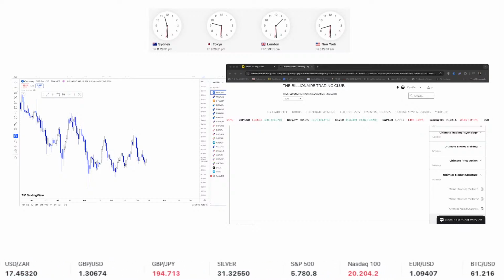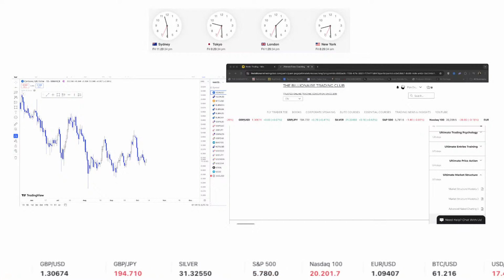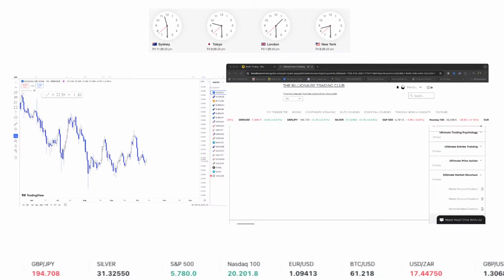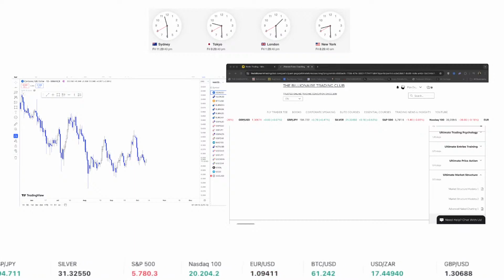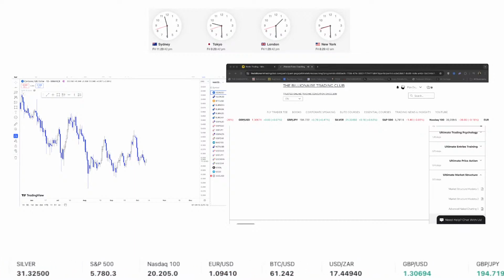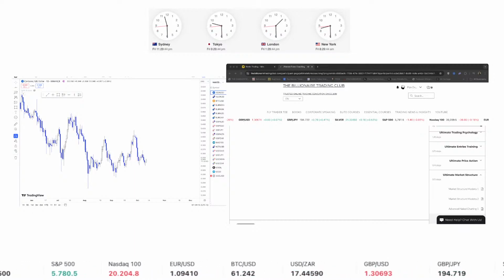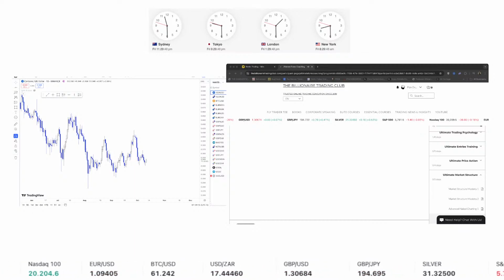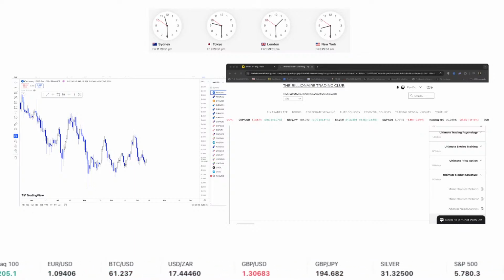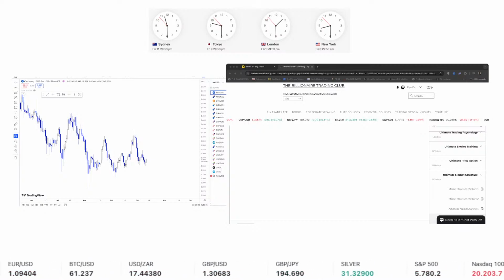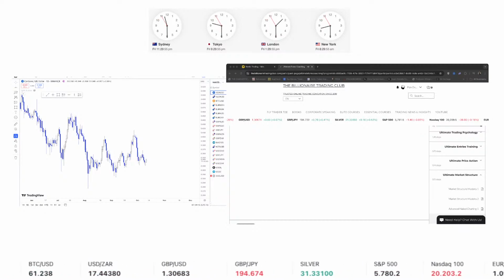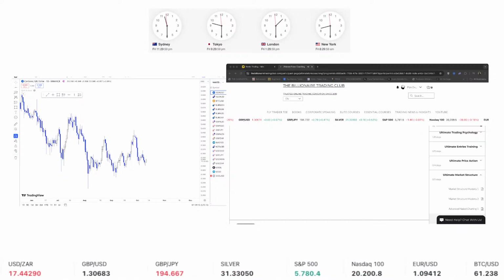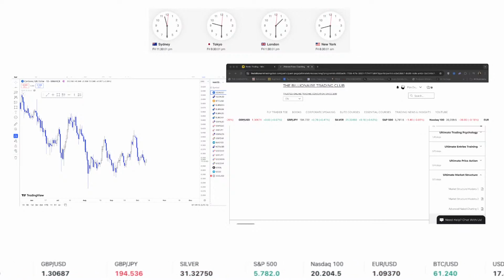Based on the left side of the chart to the right side of the chart, which direction is this market moving? If you drew a line from the left side to the right side, what direction is the market moving? I'm asking this question different ways so that your brain can, one, answer the question different ways.